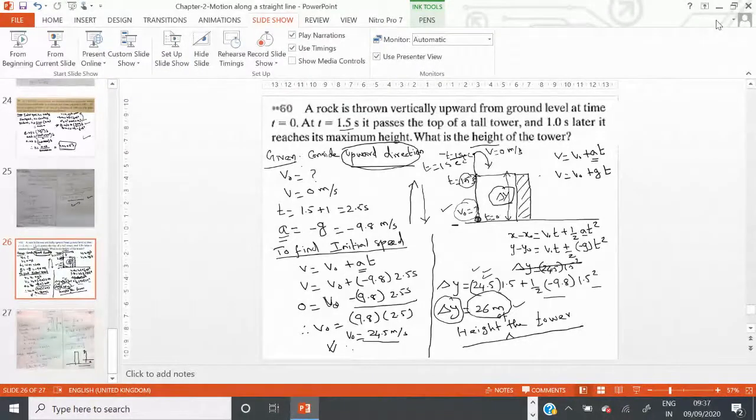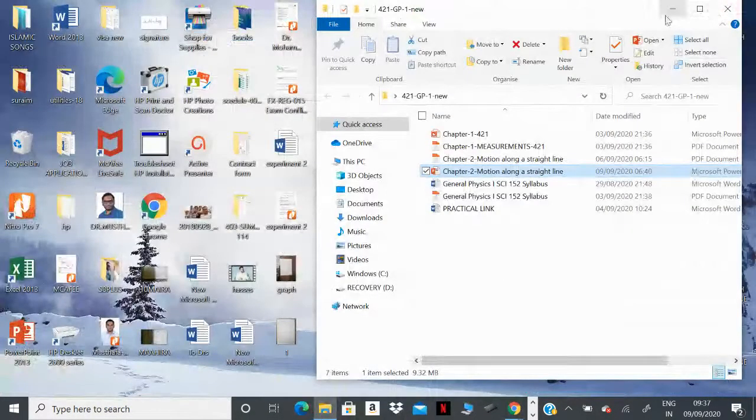Understand? Doctor, we mustn't deliver the report this week, right? This week is only the teacher will give the explanation about how to draw the graph. So listen to the class very carefully, brother. Next week, the teacher will explain how to take the reading from the apparatus, but you have to draw the graph, calculation, everything from your home.